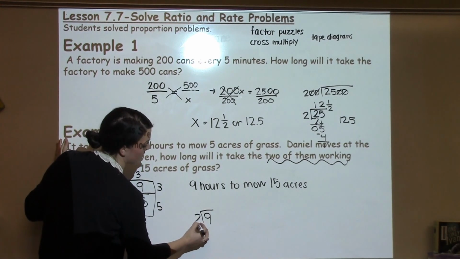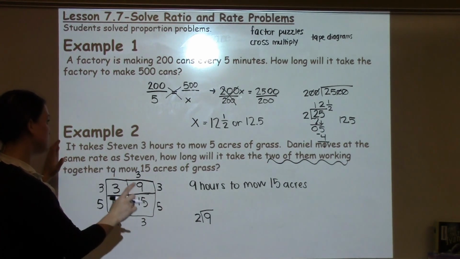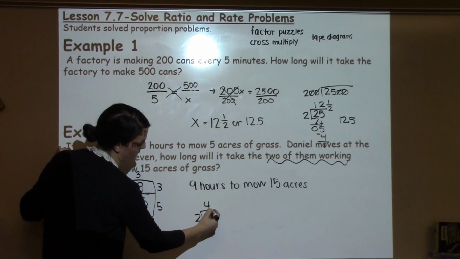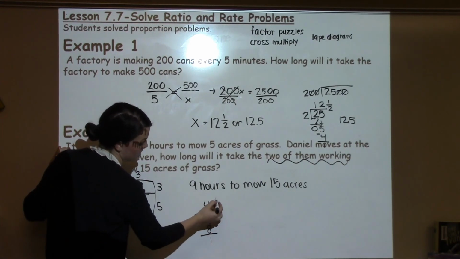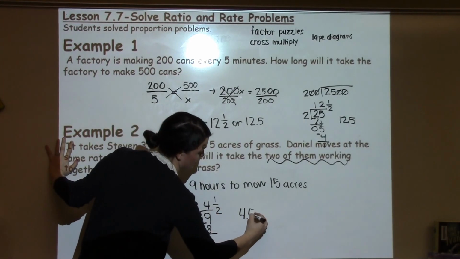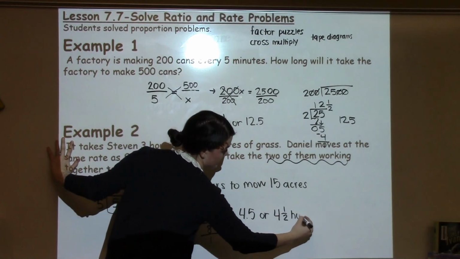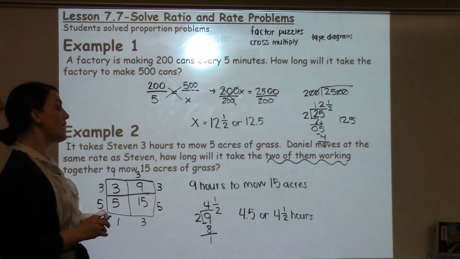So I'm going to take 9 divided by 2, and that stands for Stephen and also Daniel. 2 times what gives me close to 9? That would be 4, which gives me 8. 9 minus 8 is 1, so that would leave me with 4.5, or 4 and a half, same thing. It would take them that many hours working together to mow 15 acres.